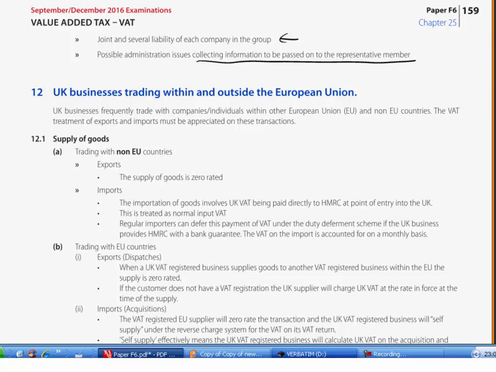So again, important marks. Check through, make sure you're happy with it. Before then, we'll come to what is, you'll be happy to hear, the last of our areas of VAT that we need to know about for our particular exam.